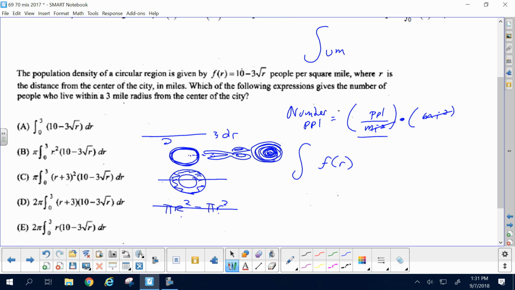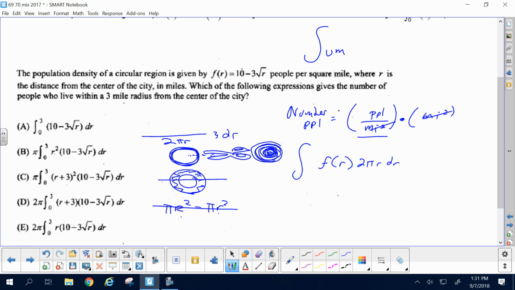Circumference. It's 2 pi r. So if I want the area in a ring, I need to find really the area of a tiny string unwrapped. And so that's 2 pi r dr. The limits of integration. R is the variable of integration.